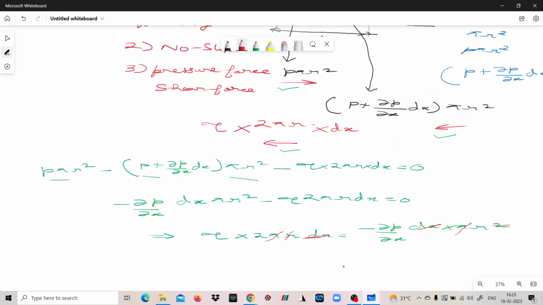Okay, so what is there then? Tau is equal to minus of r by 2 into del p by del x.